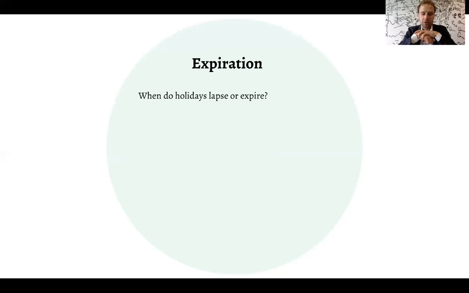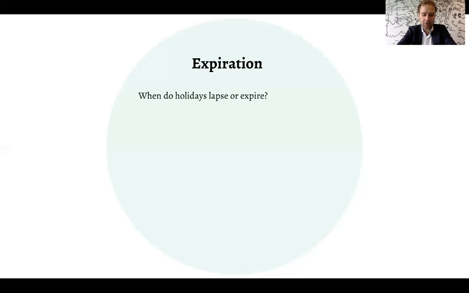So for example, holidays accrued in 2018 will lapse on 1 July 2019, and now statutory vacation days of 2019 will lapse on 1st of July 2020, unless other arrangements have been made, which is sometimes done in companies, that there's a lapsing period of, let's say, a year instead of half a year after the year of accruing the holidays.